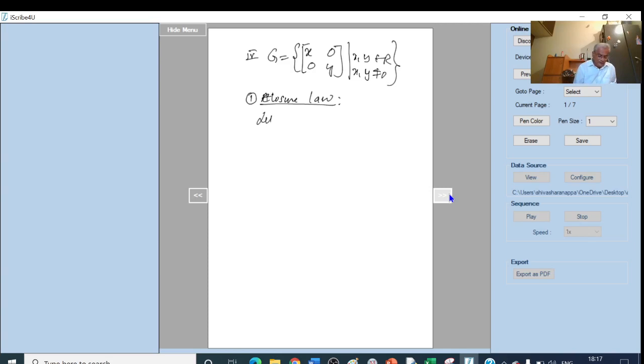Let me consider two elements. Let A, B belong to G. Then A must be of the form [x 0; 0 y].